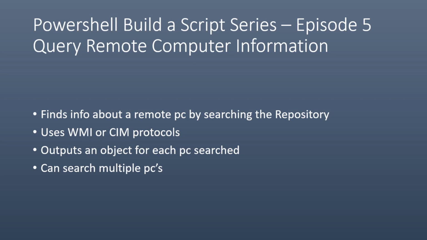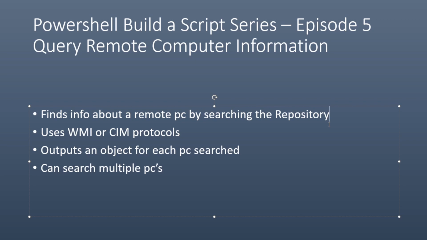So in order to find out those facts, we're going to be using the WMI repository that is present on that remote computer. So if you've never heard of the repository before, that basically represents an area that's on a Windows operating system that has been there for quite a while. It's been there since the NT4 days and can be used to query information kind of like looking in a registry, if you will.